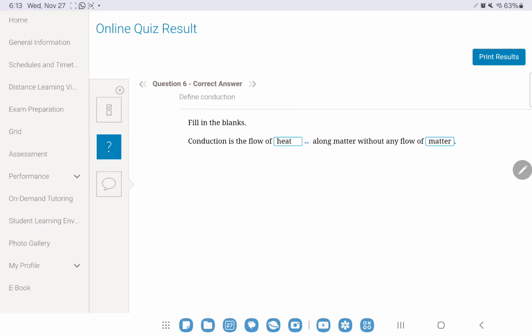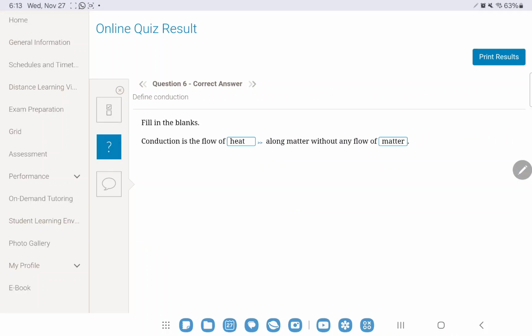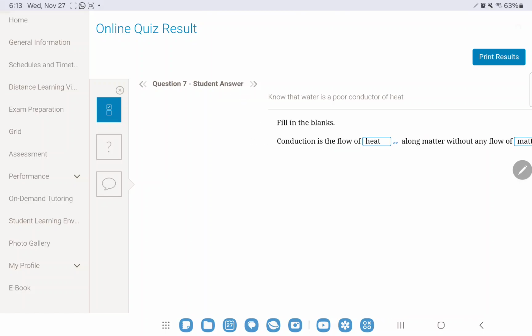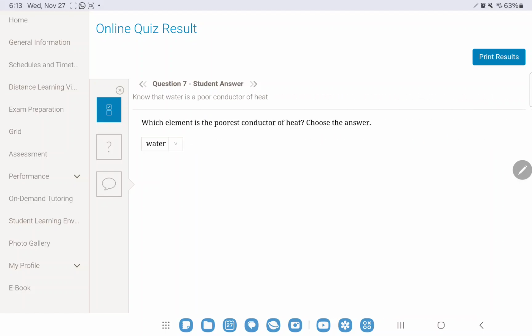Moving on. Conduction is the flow of heat without any flow of matter. This is a definition, we need to memorize it. The poorest conductor, here you had a long list of solids and then you had water. Water is a liquid. When it comes to conductors, solid, liquid, gas.